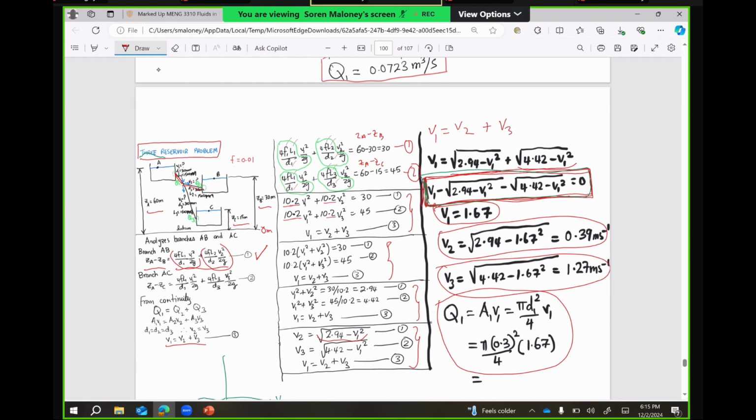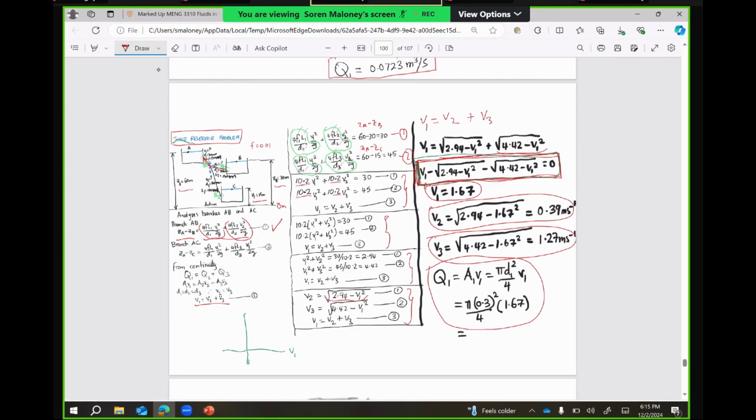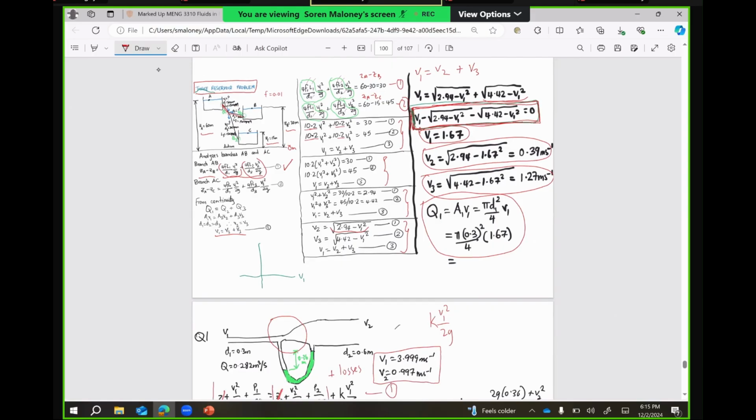The most I'll ask you to do is to give me an expression for V1, or to prove an expression for V1. I would say prove that V1 is equal to this, or I'll ask you for it. Or I might say, give me an expression for the flow rate Q, right?